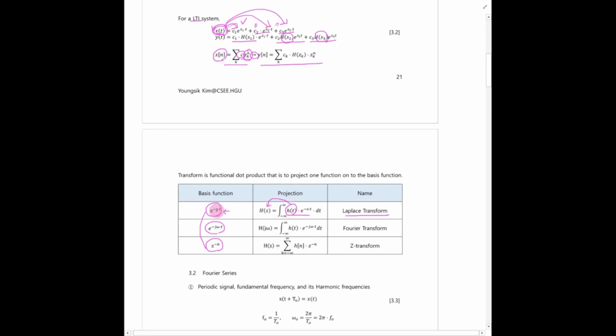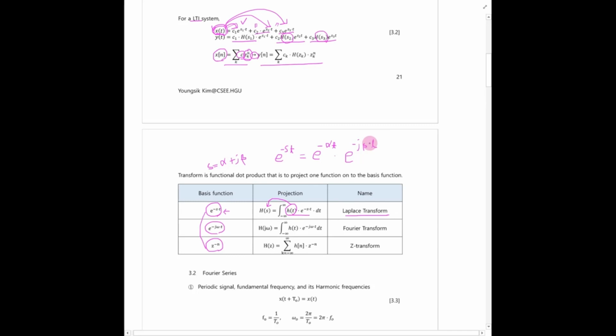I said that s is a complex number, okay? If s is alpha plus j beta, then e to the minus st equals e to the minus alpha t times e to the minus j beta t.